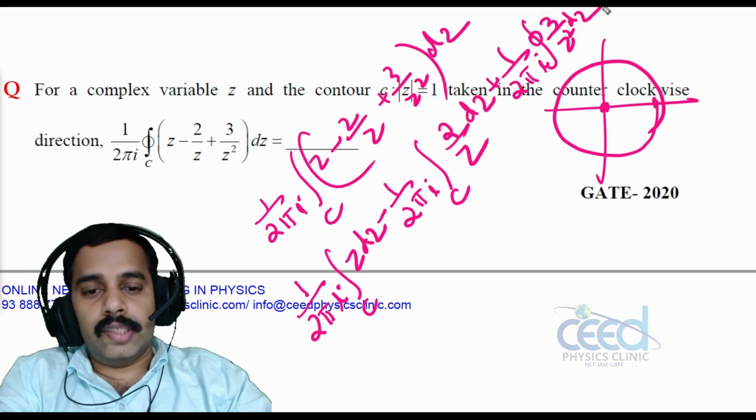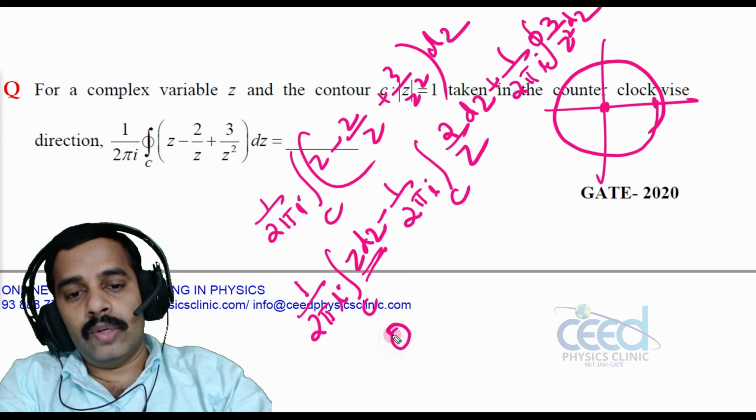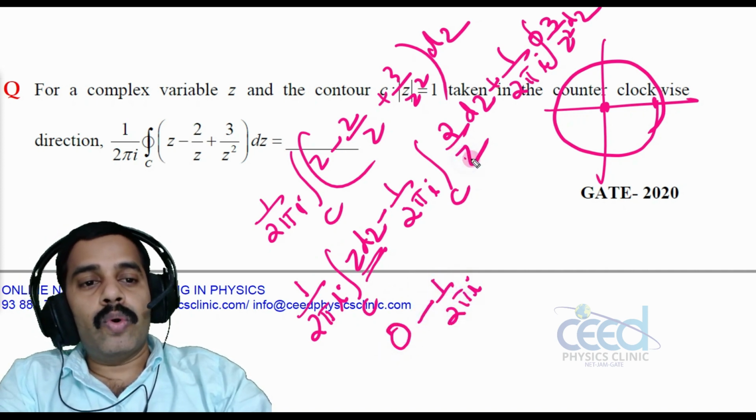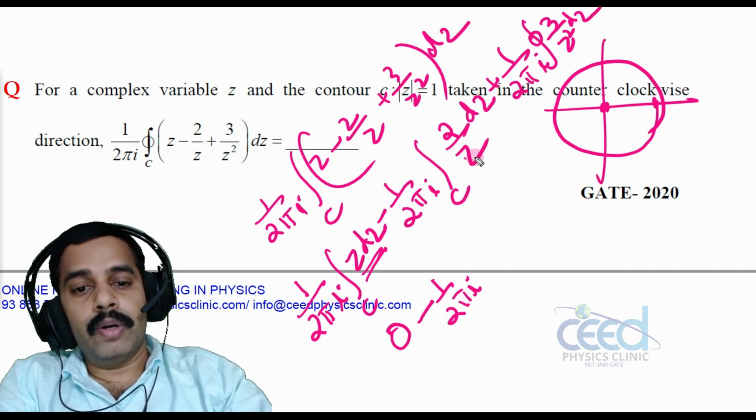Now look at this: z is an analytic function, there is no pole here, so its value is 0. Minus 1 by 2 pi i into, here the pole is z is equal to 0, that is a simple pole.